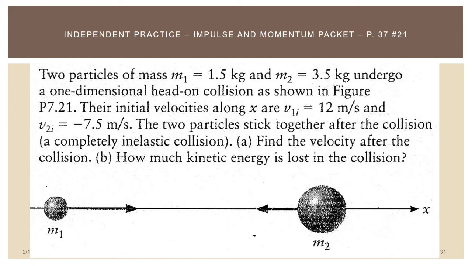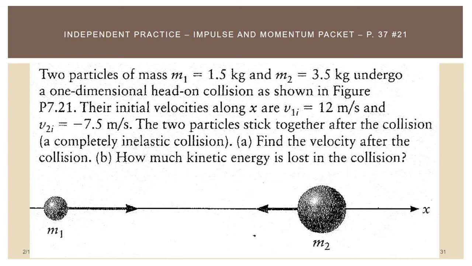M1 has 18 kilogram meters per second of momentum. But if you take 3.5 times negative 7.5, you get negative 26.25. Those very quick little calculations tell you the negative momentum of m2 is going to be larger than the positive momentum of m1.